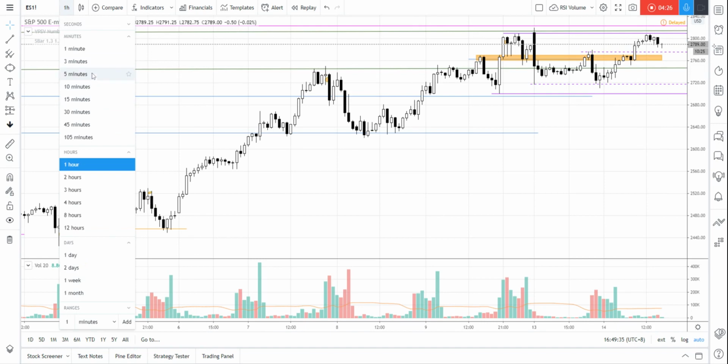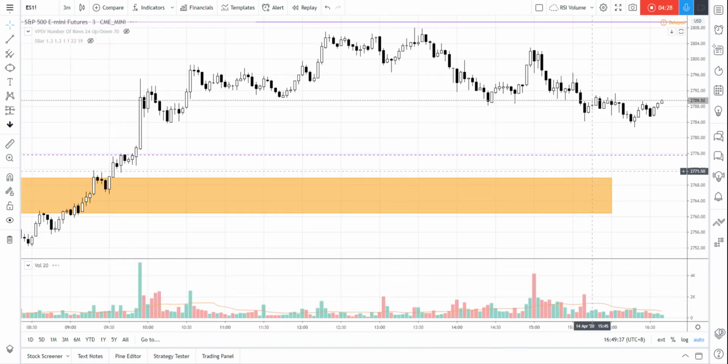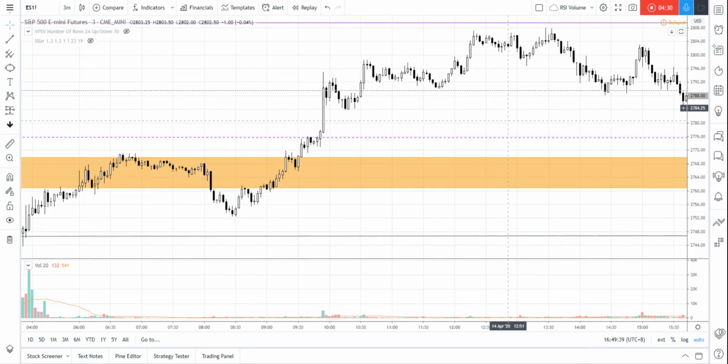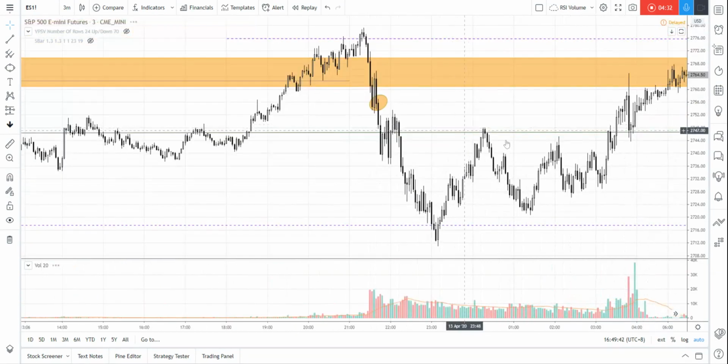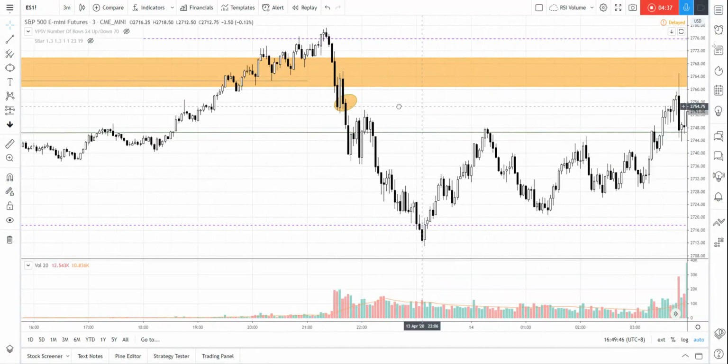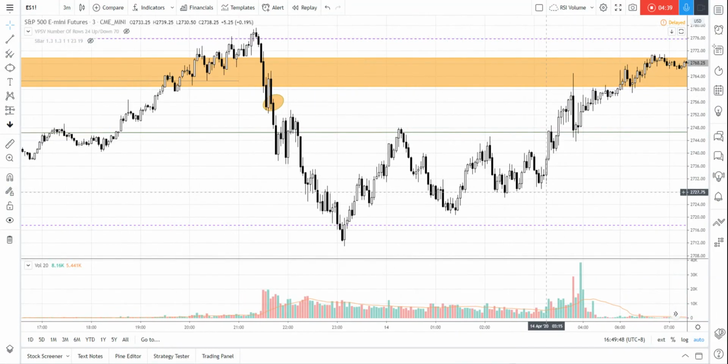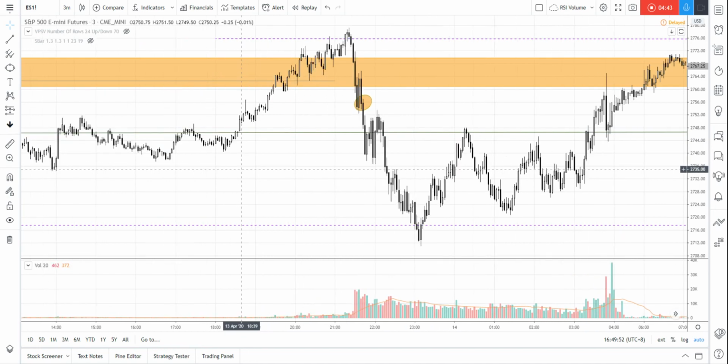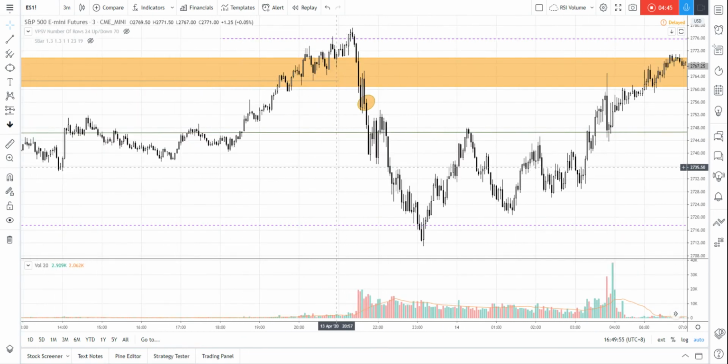Once I mark the important levels, including this resistance flip zone or the axis line, I will go into M3 or M5, sometimes M1. The smaller time frame gives me a better look at the structures here. Okay, now this is good.